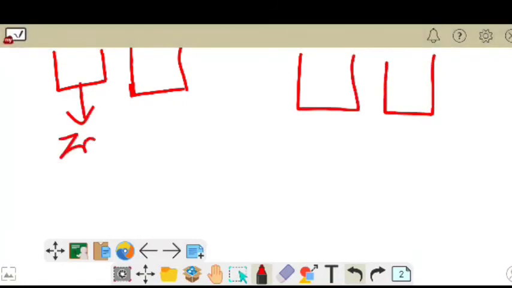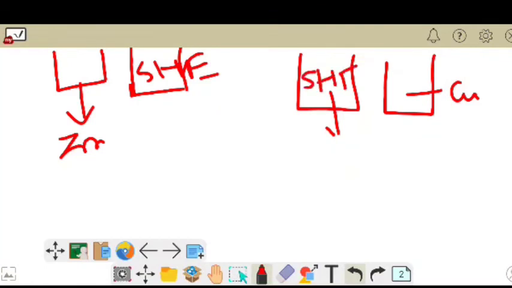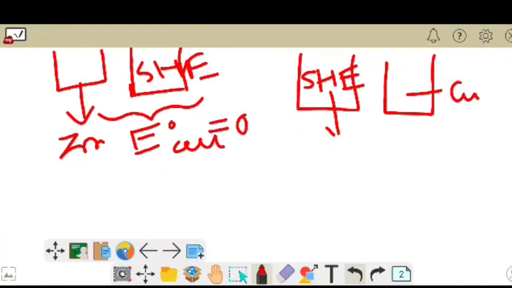Suppose this is the zinc electrode and this will be your copper. With zinc it will act as cathode, isn't it? So it will become SHE, and this SHE will here act as anode, and this is your copper electrode. Now if you do it experimentally, you can calculate that the E0 cell here is 0.76, and for this particular cell it is 0.34.